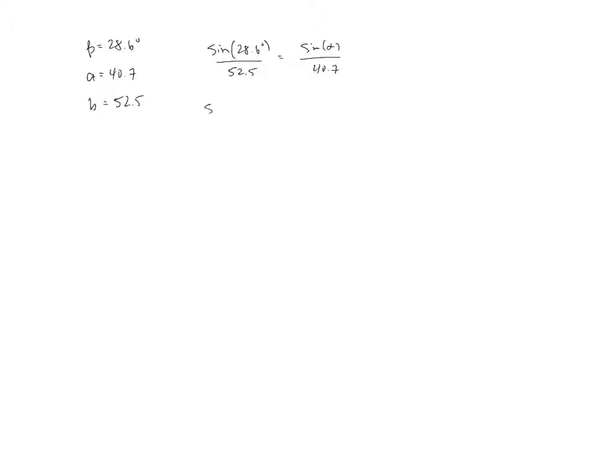And this says that sine of alpha then would be 40.7 times sine of 28.6 all over 52.5. And again, this will be the same always because of the angles allowed in the triangle, and the quadrants they fall in on the unit circle. Sine's going to be positive in quadrants 1 and 2 always. So potentially the angles that we're searching for here would be an alpha 1 there and an alpha 2 there.